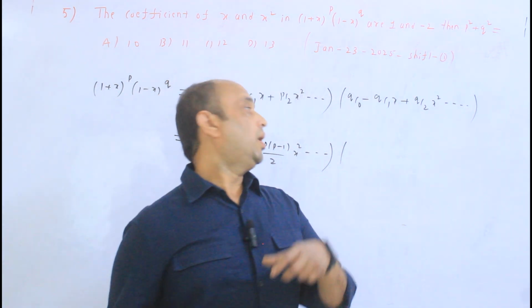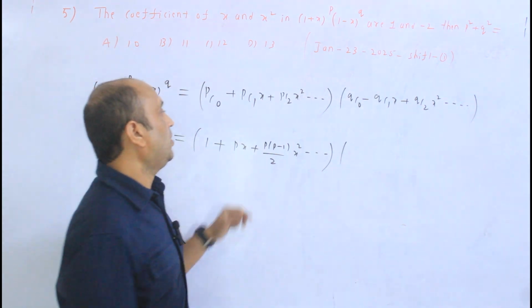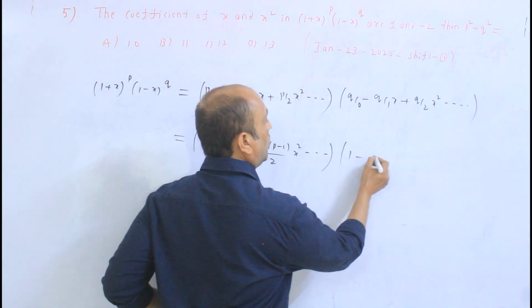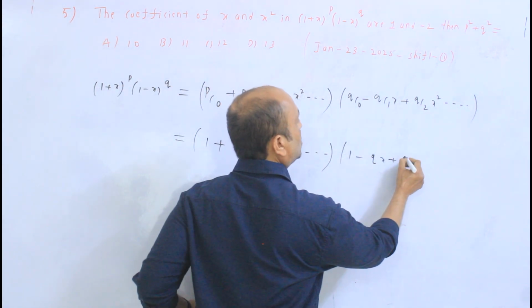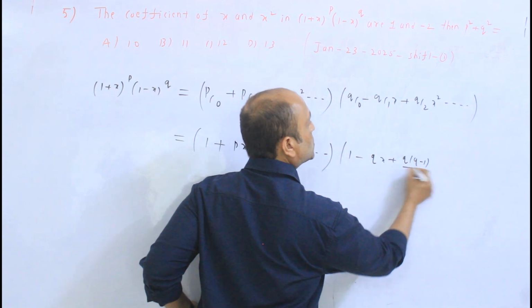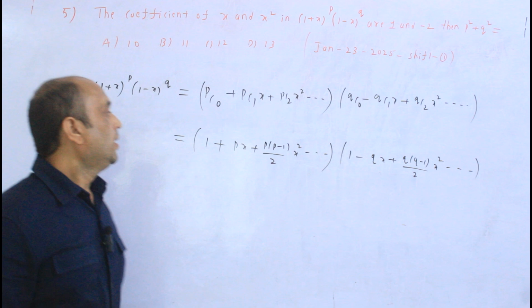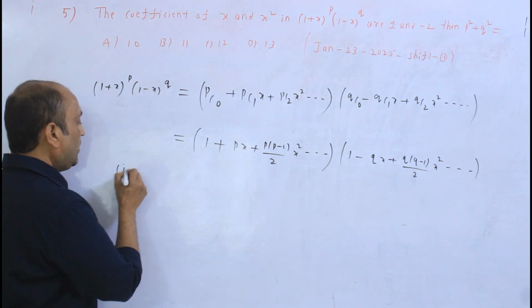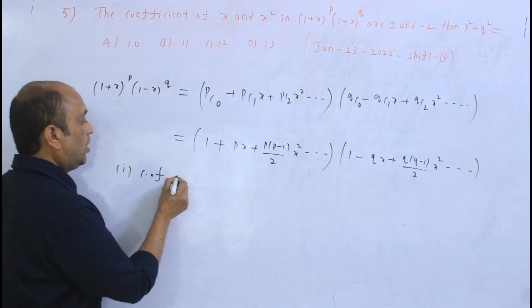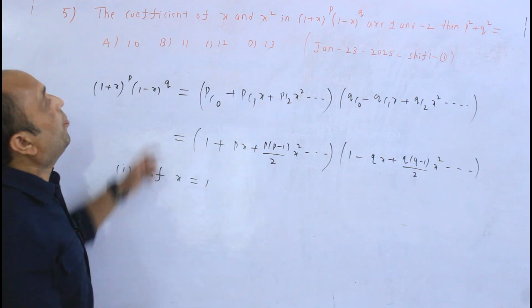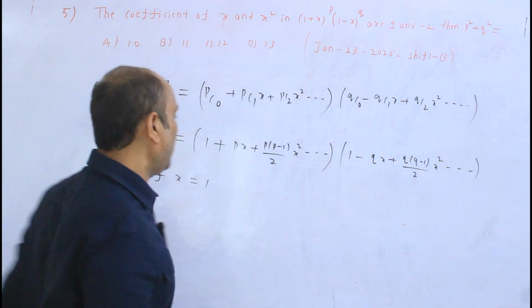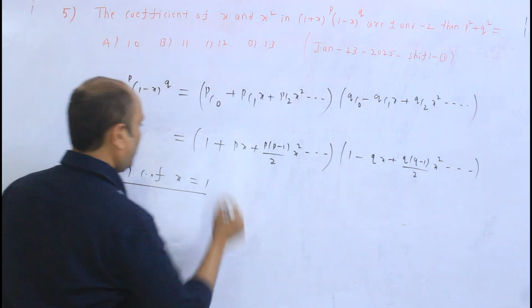No need to expand up to x cube and x to the power of 4 up to infinity. qc0 is 1, minus qx plus q into q minus 1 by 2 x square up to so on. So here the coefficient of x is equal to 1. This is the first equation.